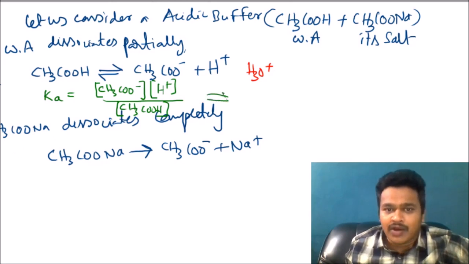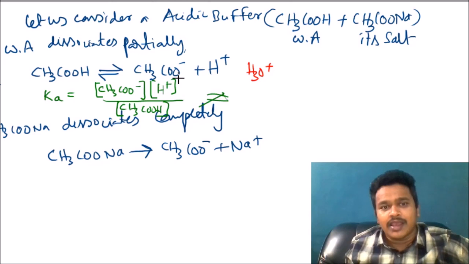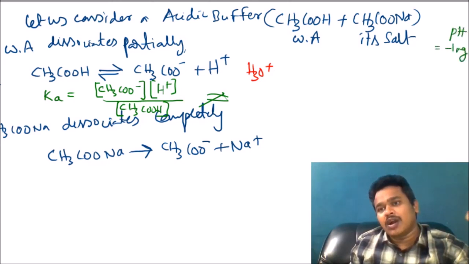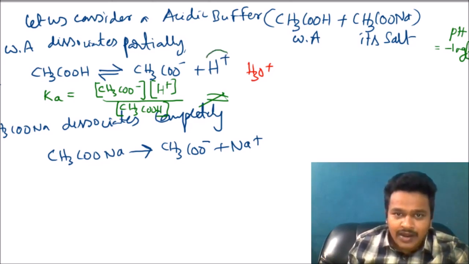Here I am talking about the Henderson equation, which deals with the pH of the buffer solution. pH is minus log of H plus ion concentration, so I need the H plus ion concentration. I will write the H plus concentration separately.